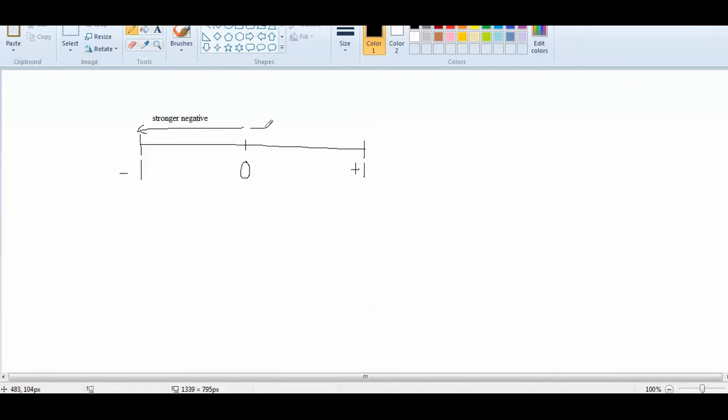And the value further from 0 and closer to +1 is showing a stronger positive correlation.